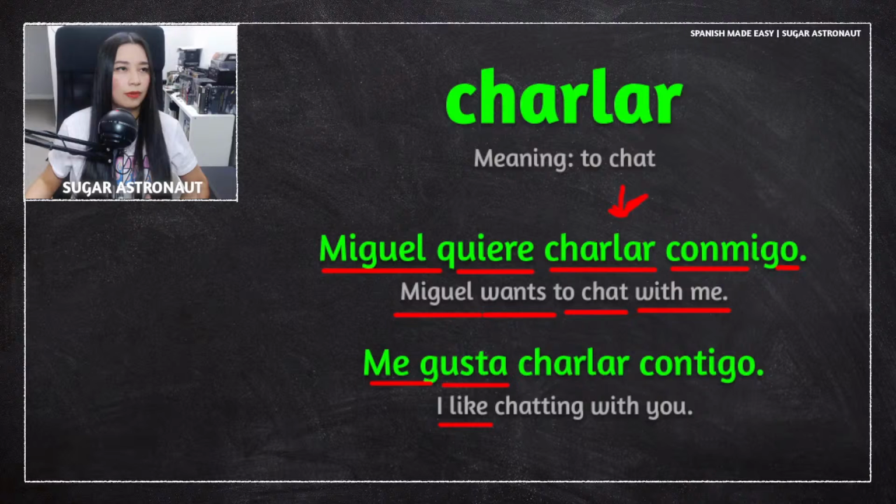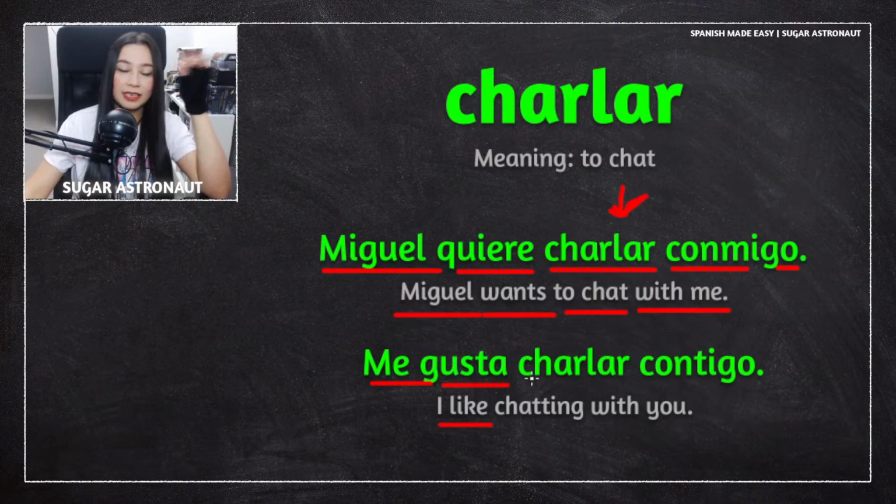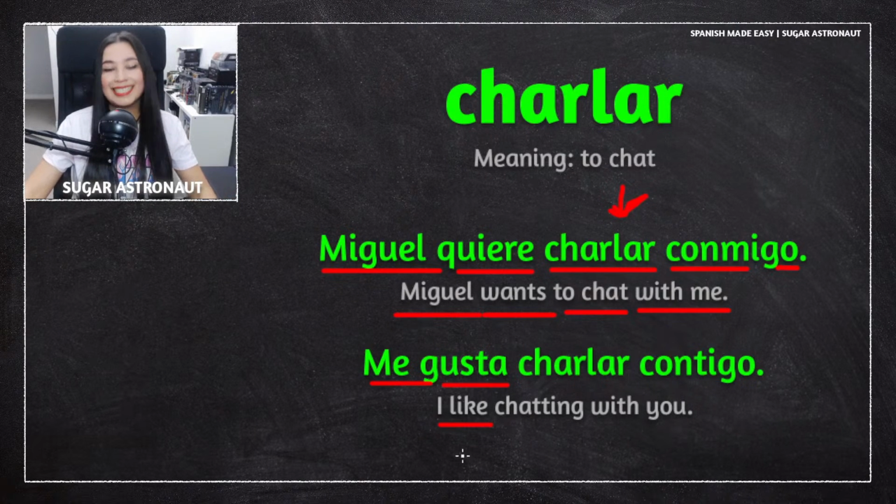Me gusta, I like. If you say me gusta by itself, it means I like it. For example, someone is asking you, ¿qué piensas de la película? What do you think about the movie? And you can just say, me gusta. I like it. That's it. But if you add more to the expression me gusta, then it means I like.